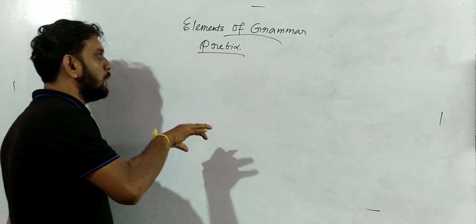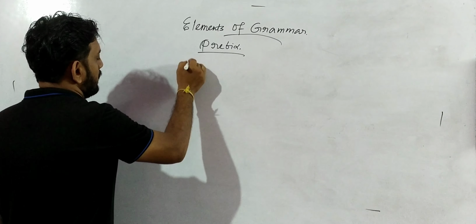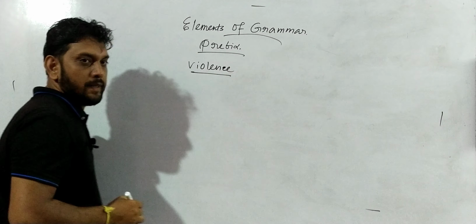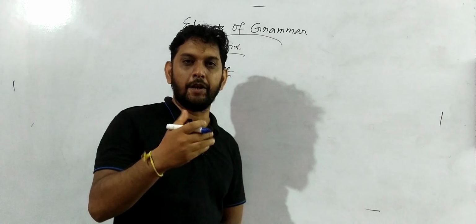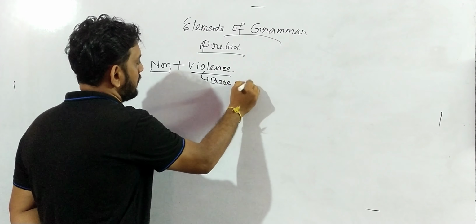So let me give an example. Suppose I write violence, it's a word. Yes or no? Violence is a word, and already you have an idea what the meaning of violence would be.